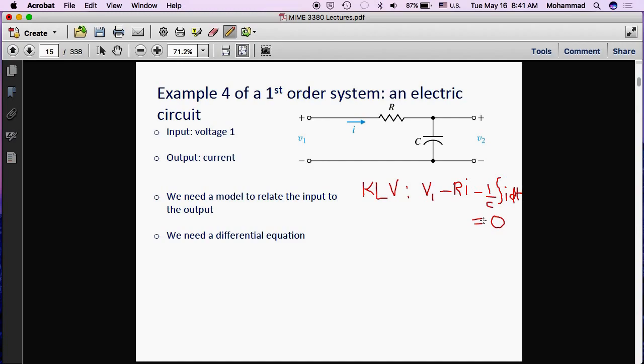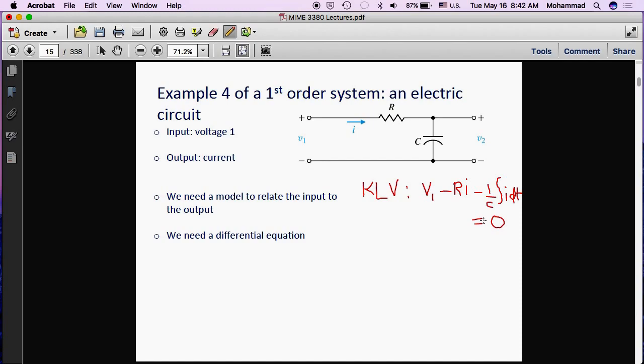Okay, this is a bit of an unusual equation, isn't it? So far, we didn't have an equation that had an integral. We are more used to seeing differentiation, a differential equation. So what we can do as the next step is to turn this into a differential equation. How can we do that? How can we get rid of the integral?